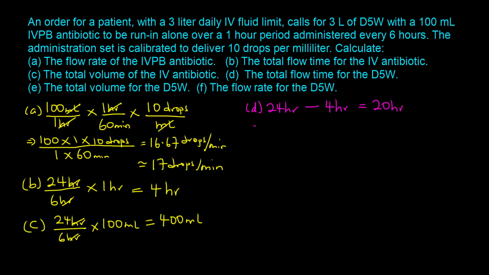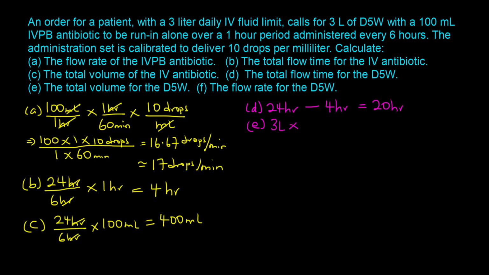So we can now go ahead and solve part E of the question, which is asking for the total volume for the D5W. And the way we would approach this is to take the patient's daily IV fluid limit, which is 3 liters, and subtract from that the total volume of the antibiotic, which is 400 milliliters. Now, for the units to be consistent, we first need to convert the 3 liters to milliliters.